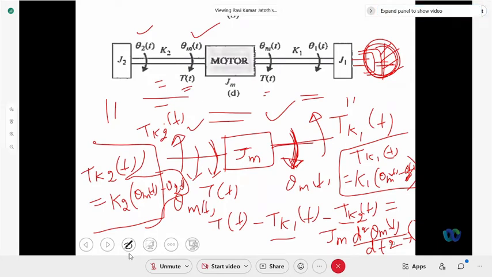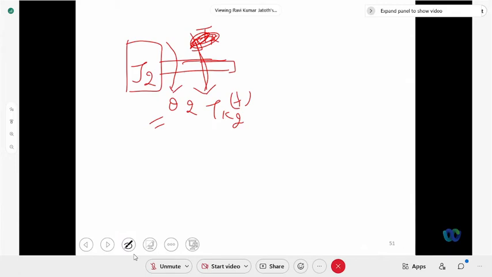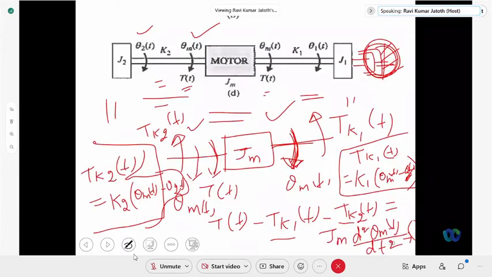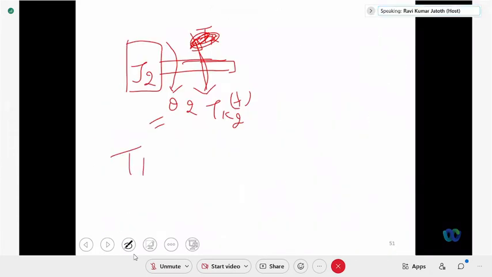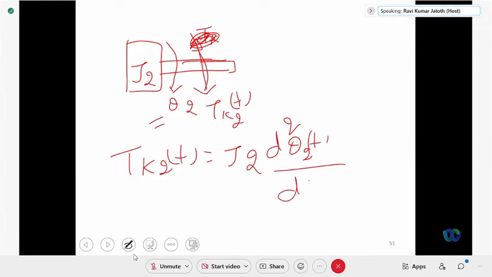Okay. Is there any other thing? No. So Tk2 of t is equal to J2 into d square theta 2 of t by dt square. This is the equation governed by this moment of inertia J2. Is that fine?